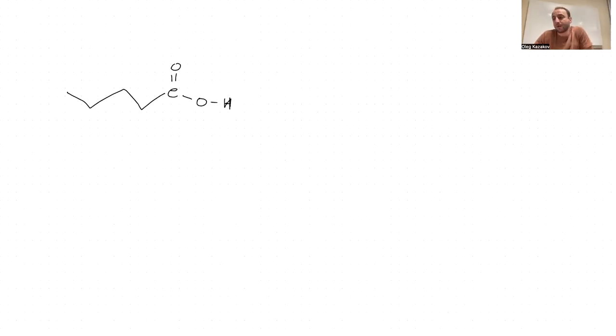To make an ester, you need to react your carboxylic acid with an alcohol of some sort. So here we have, let's do isopropyl, for example, CH, CH3, CH3 again. They're going to make an ester.